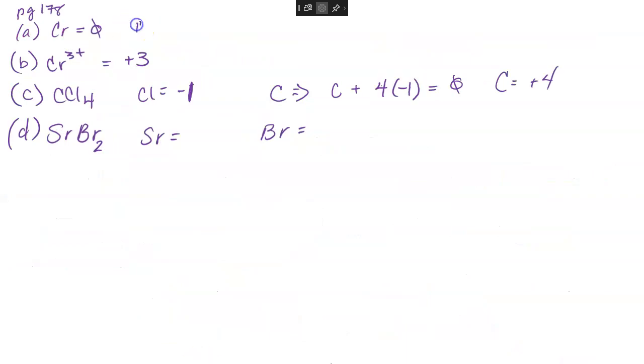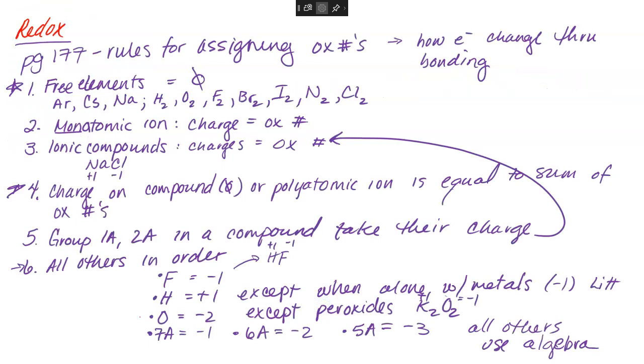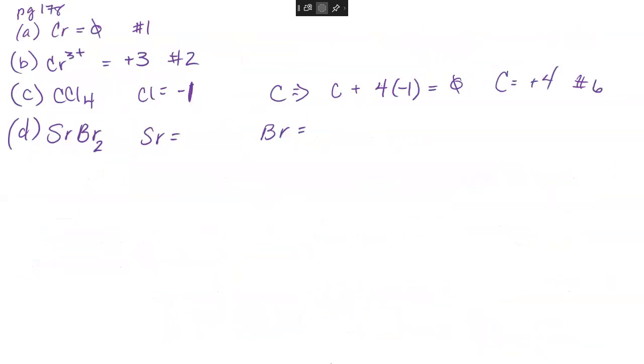No. This was number 1. This is number 2. This was number 6. Number 3. It's an ionic compound, right? Strontium's a metal. Bromine is a nonmetal. So this is an ionic compound. So we look up strontium's charge. Can we look up strontium's charge and know it? 2+. How did you figure that out? Group 2A. So +2 oxidation number.